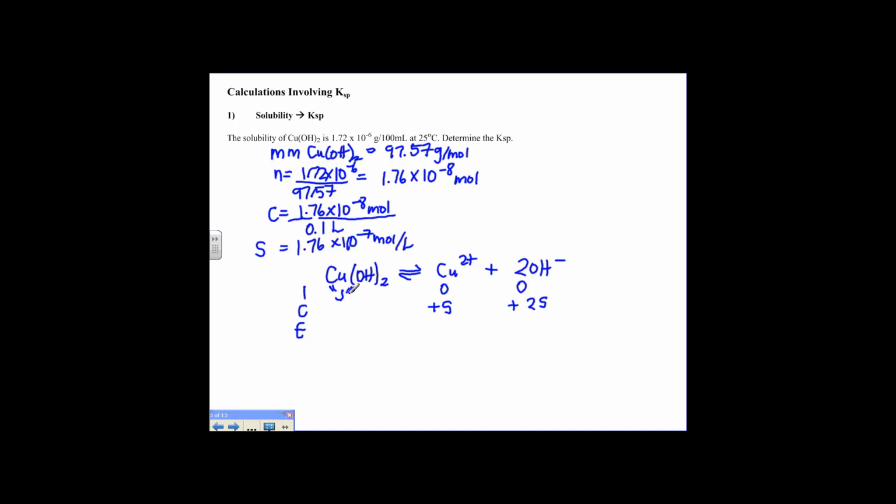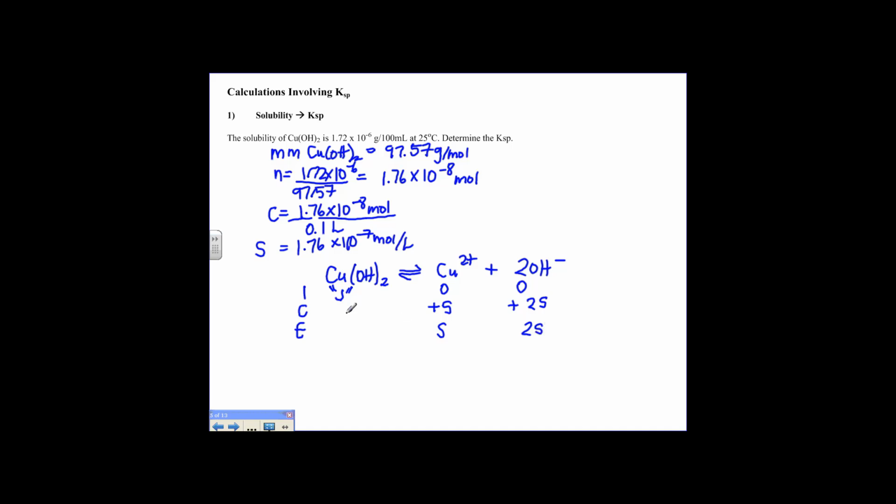But what we're doing here is thinking about this substance breaking up into its ions. And for every one of these, we put into the equilibrium 1 copper ion and 2 hydroxide ions. So we're applying the ratio here. So at equilibrium, this is S and this is 2S.